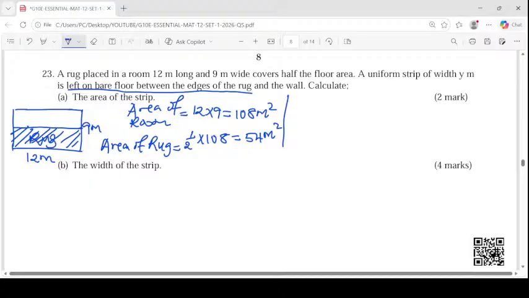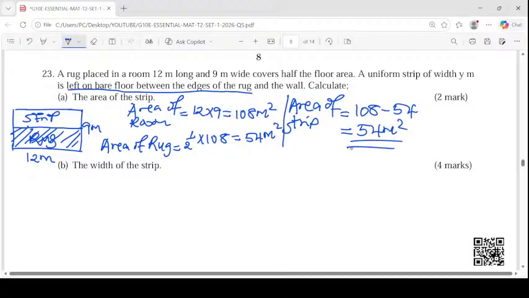Then this unshaded part becomes the strip. So now to get the area of the strip, we are going to take the area of the floor, which is 108, minus the area covered by the rug, which is 54. This tells us the area of the strip is 54 square meters.